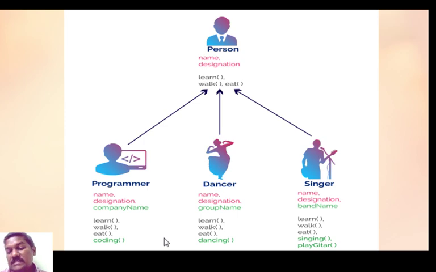Take for instance, a programmer is able to write some coding. So coding is the additional method which is included in the concept of programmer. Similarly, a dancer is able to dance. Likewise, a singer is able to sing and play guitar.